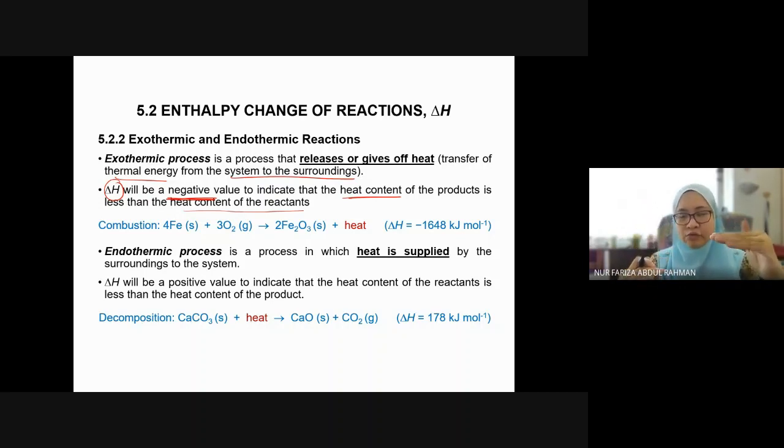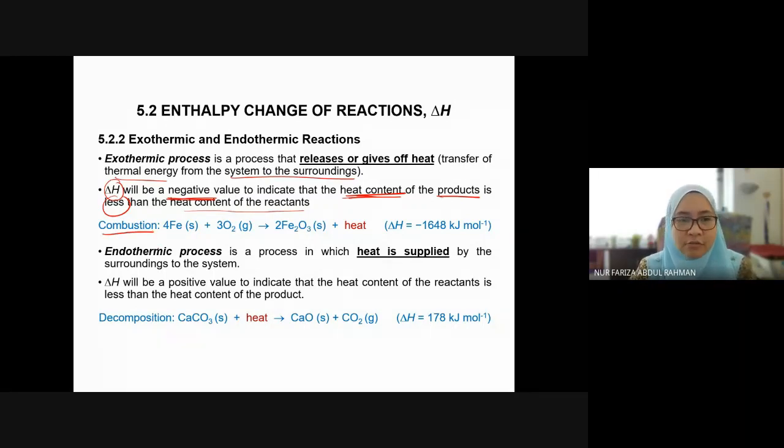Why does the product have lower energy? Because initially the reactant has higher energy and then they release the energy. So when the energy has been released, the product is lower in energy. That's why it says here the heat content of the product is less than the heat content of the reactant.